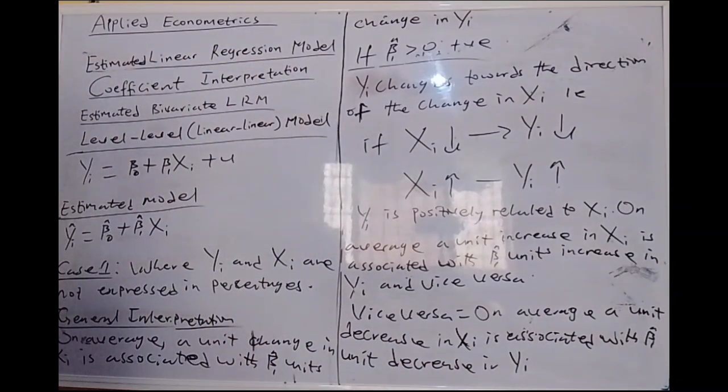That is how to interpret this, especially if you have a level model and none of the variables is measured in percentage. We continue with case 2 in the next video. Okay, thank you.